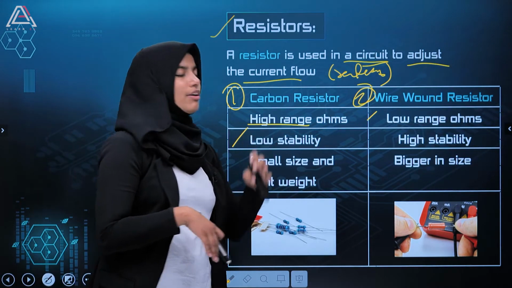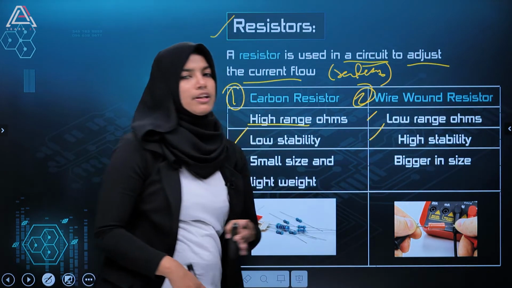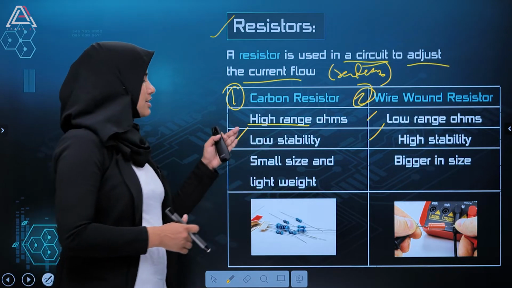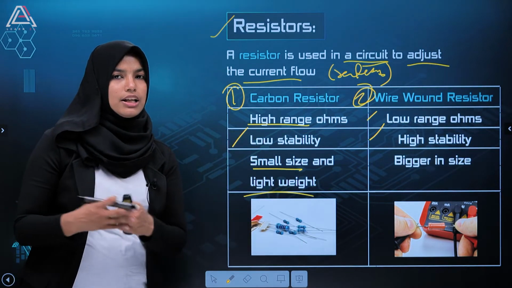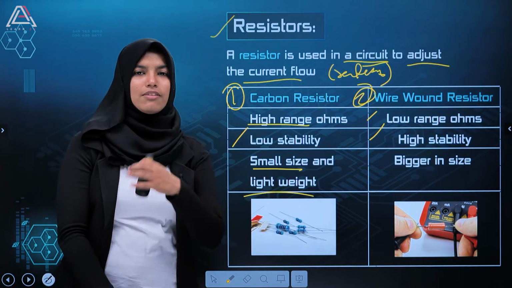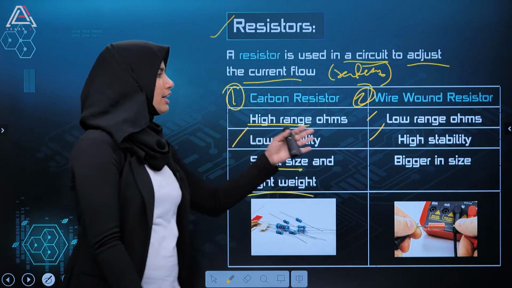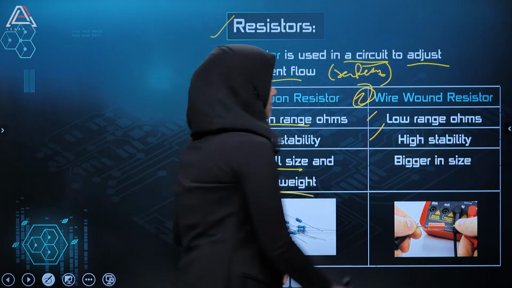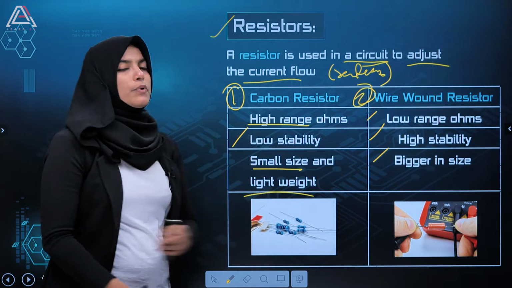But in case of wire wound resistor, they exhibit high stability. Carbon resistor is smaller in size and lightweight, and it's commonly used in electronic circuits, and we are using it for lab purposes and everything. But wire wound resistor is bigger in size when compared to the carbon resistor.